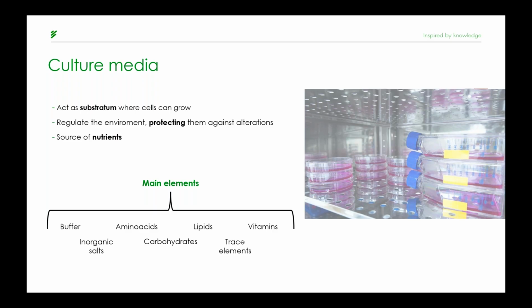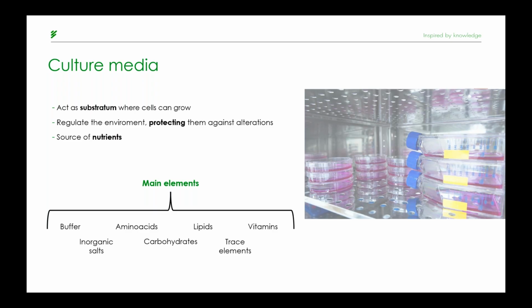Then we have carbohydrates. The most famous is the sugar, the main source of carbon and energy. Then we have lipids, such as cholesterol, required for the cell and other molecule structures.